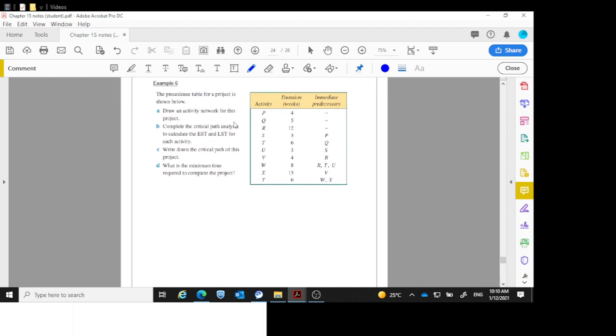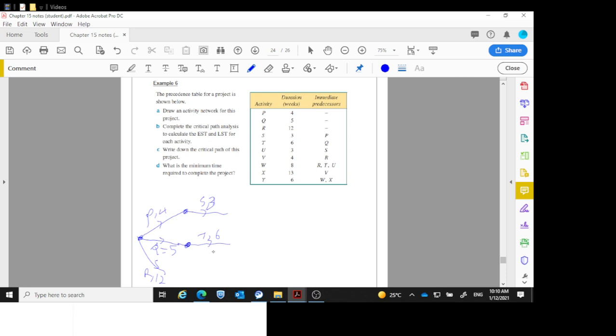Example 6. Okay, we're going to do this one as well. There's 3 here, so we've got P which equals 4, Q which equals 5, and R which equals 12. After P, we need S which equals 3. After Q, we need T which is 6.